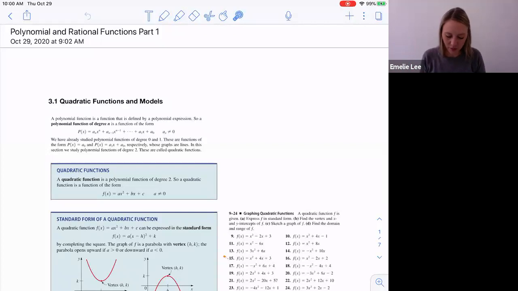So we're going to start with quadratic functions and models. We've already seen quadratics, right? Quadratics have this form: f of x is ax squared plus bx plus c, as long as a is not equal to 0. If a were 0, then you wouldn't have an x squared term, and you're just at a linear function again, bx plus c, which has the same type of shape as mx plus b.